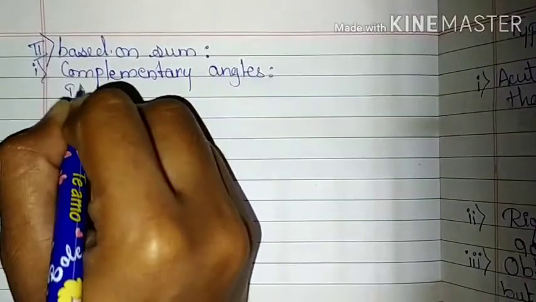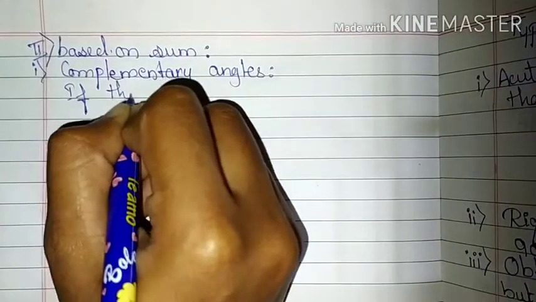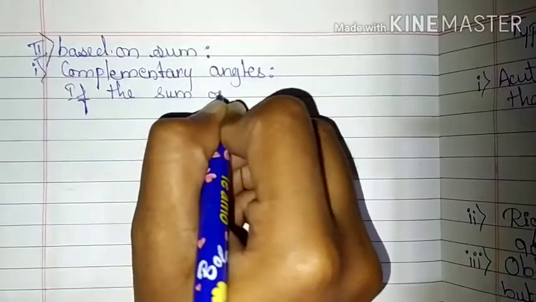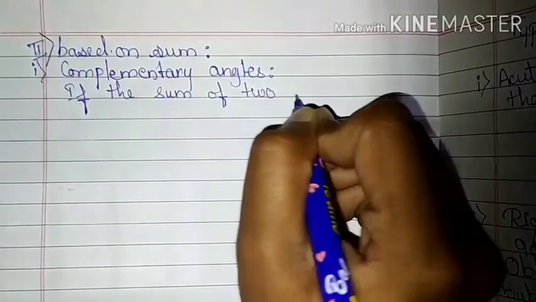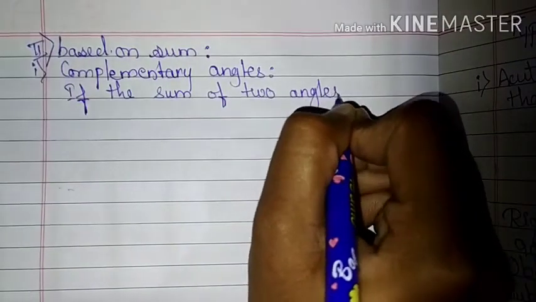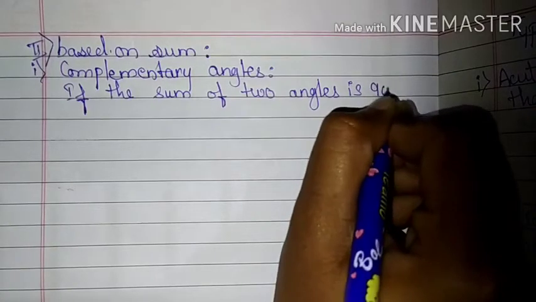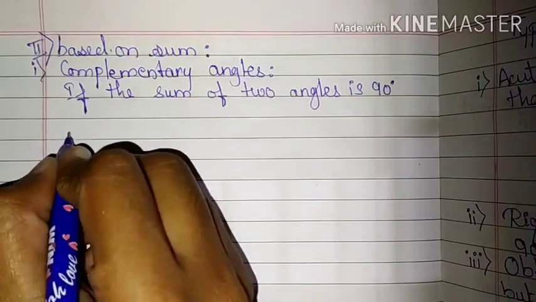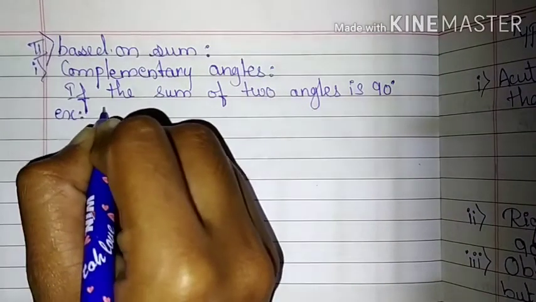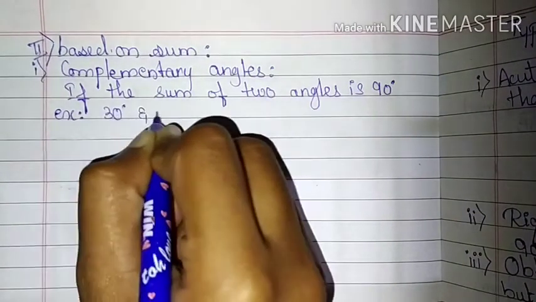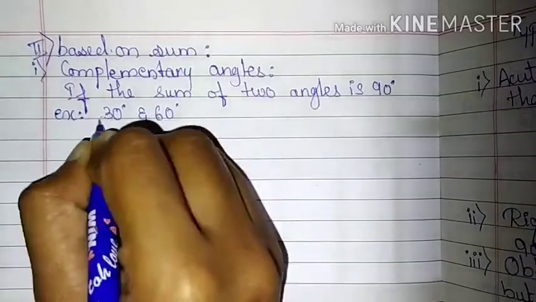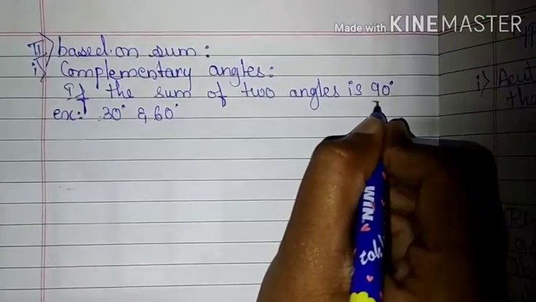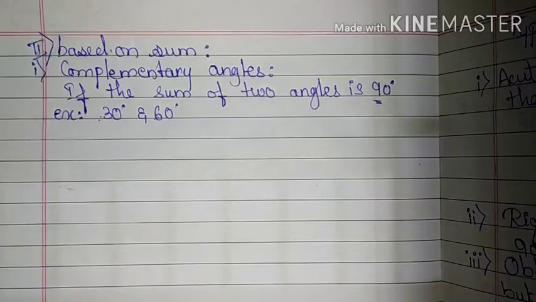If the sum of two angles is 90 degrees, then they are called complementary angles. Say for example 30 degrees and 60 degrees. When you add these two angles, we get their sum to be 90 degrees. So two angles whose sum is a right angle are known as complementary angles.